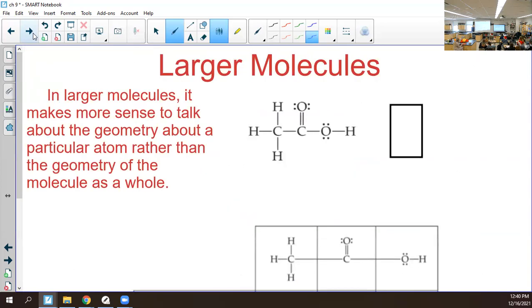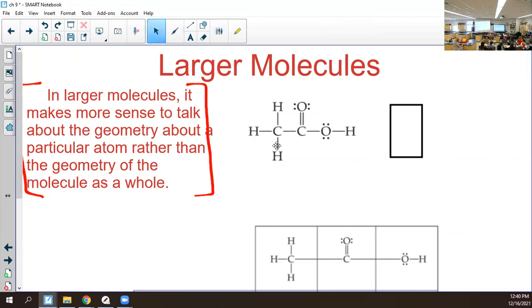Okay. Whoa, what if we have big molecules? Then chill. No, it's easy. Okay, so here we go. I just did it. We did this at the very start of class, and it wasn't bad. You just talk about each individual central atom at a time. So you wouldn't just be like, oh man, I don't know.